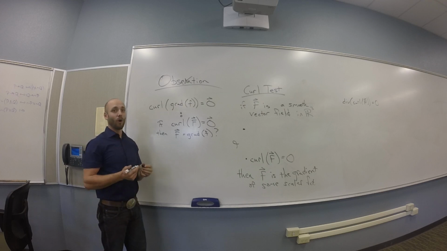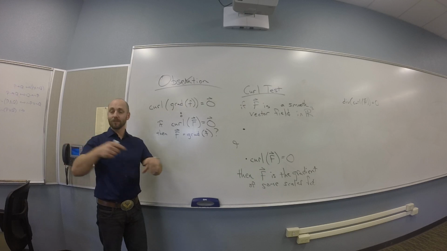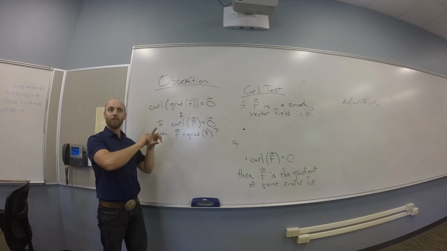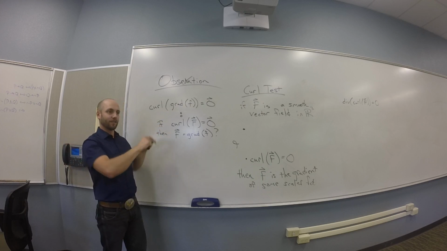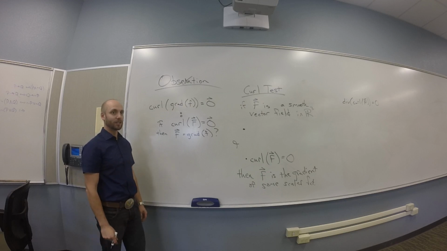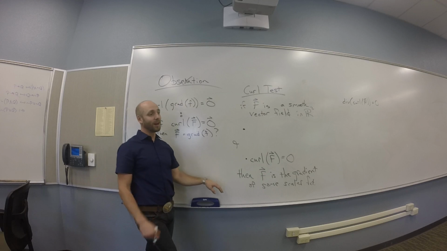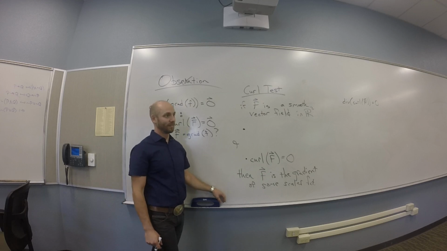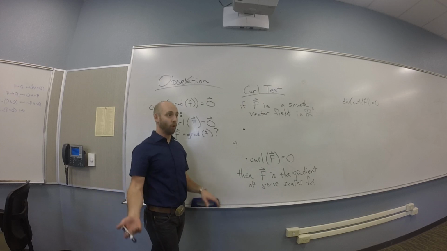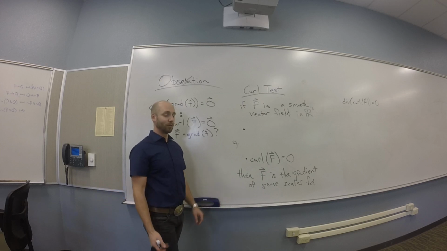So to actually go about this, you would take the anti-partials and then see if you can balance that whole jazz. The curl test says if the curl is 0, then it might be a good idea to play that game. If the curl is not 0, you don't even need to try to play that game because it's not going to work. You're not going to be able to produce a function for which this is the gradient.